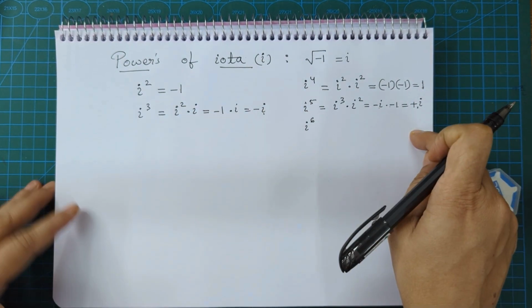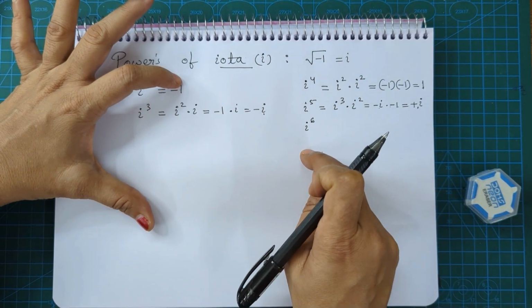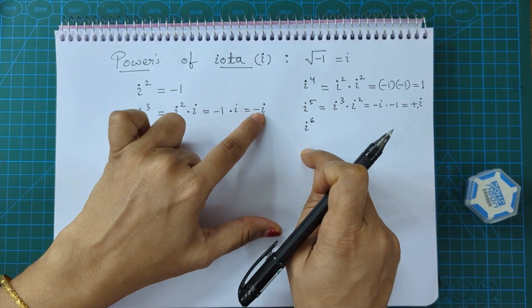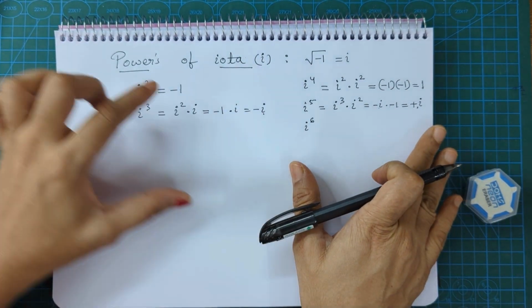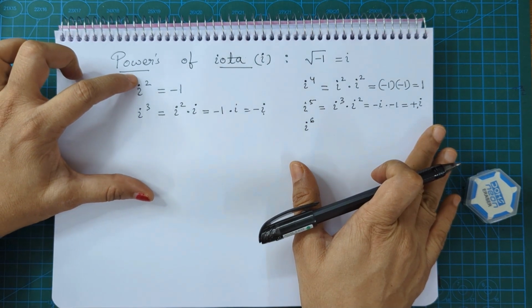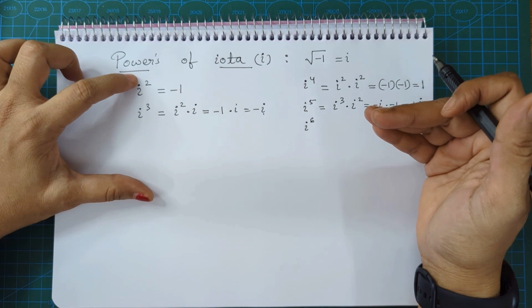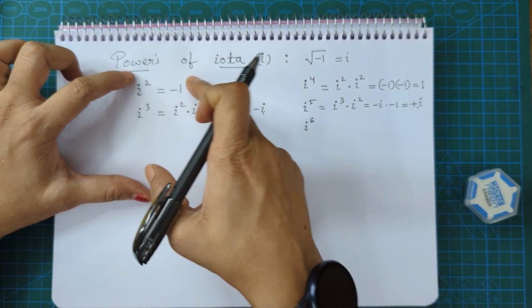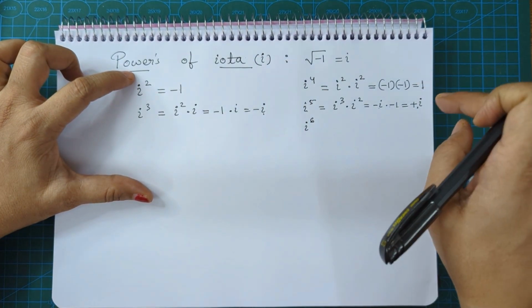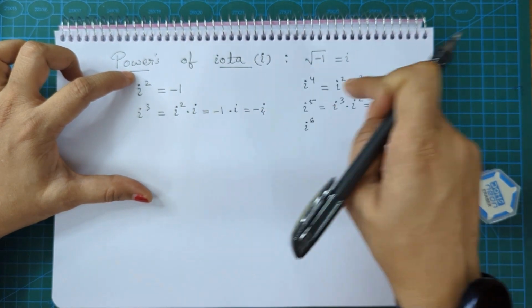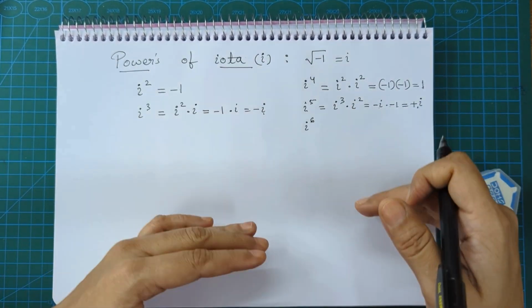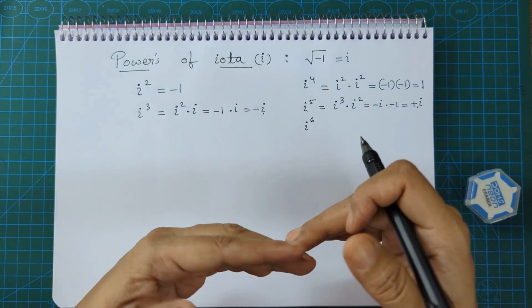If here we get minus 1 and then for i to the power 7 we get minus i, its meaning would be that from i square onwards, every next exponent of iota is in the form of minus 1, minus i, plus 1, plus i, and then we will generalize i to the powers.